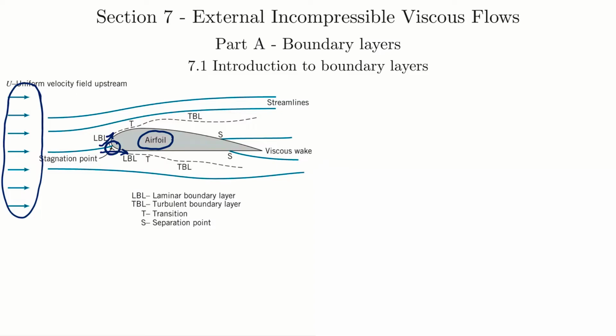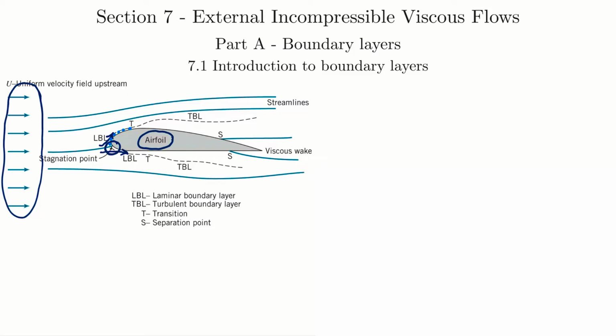Then we have LBL labeled here. It's the same thing we saw in pipes. When you have a solid surface, any air particles, let's say going upwards, right against this solid surface are going to have the no slip condition, because that surface is not in motion, so the particles right against it can't be in motion either.